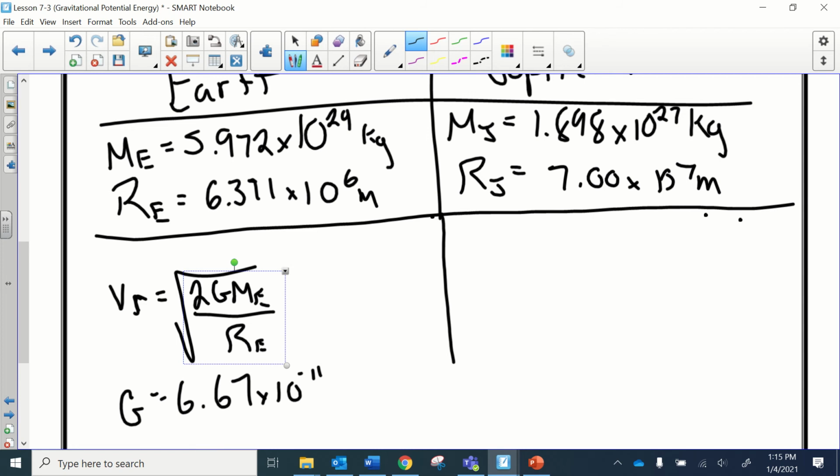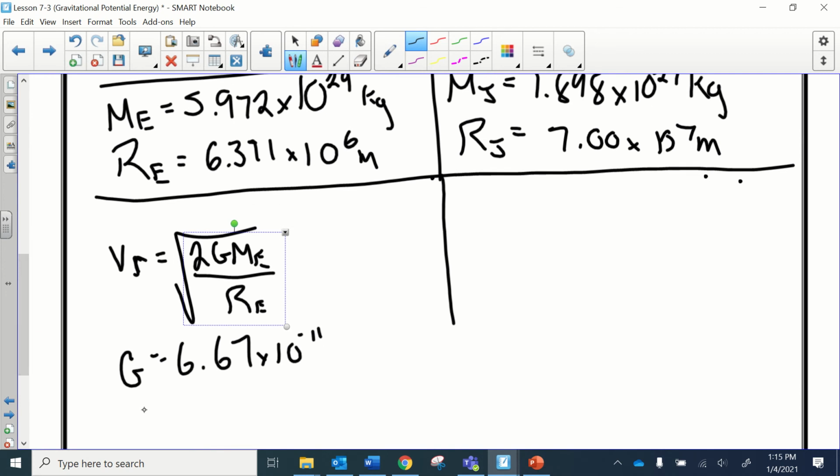I take the square root of that, and I get the escape velocity. The velocity you need to escape Earth is 11182 meters per second. That seems insane. That seems too high. Did I do something wrong here?